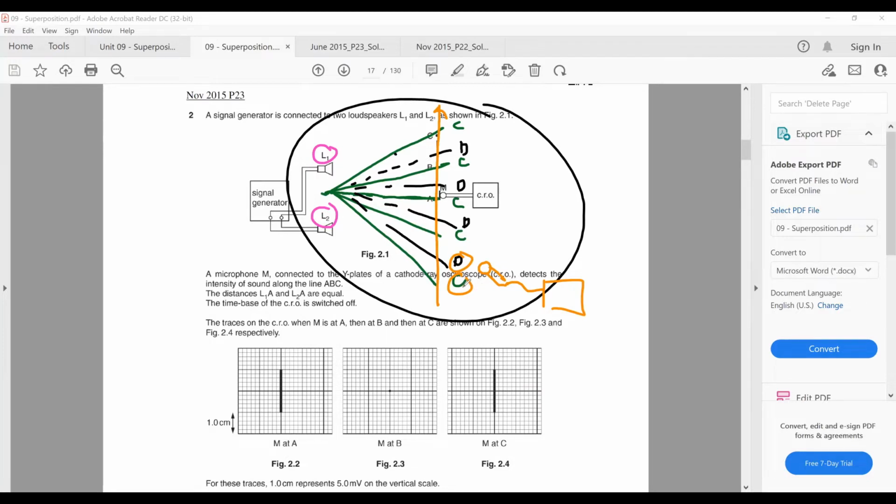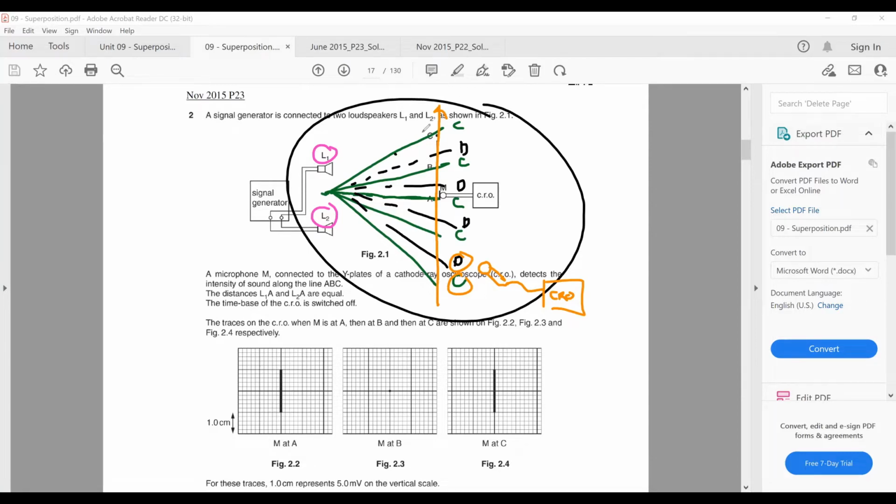When it is constructive, you expect to hear something like a loud sound. Whereas destructive, you expect to hear no sound or very soft sound. Okay? But in your case here, your microphone is connected to a CRO. It will actually display the intensity of the sound rather than producing some sort of sound for you. It will instead detect the intensity of the sound and display it on the screen.